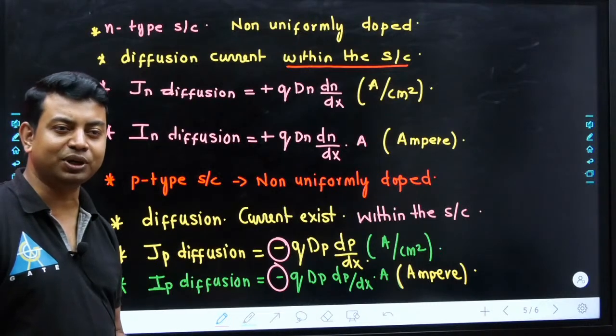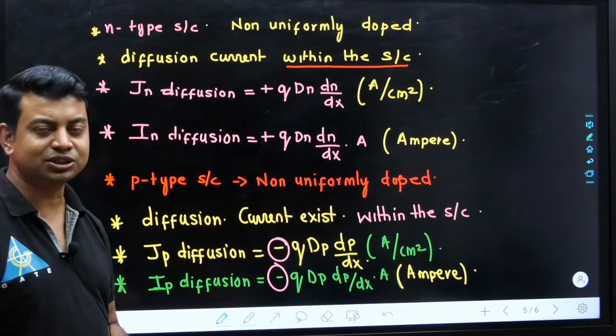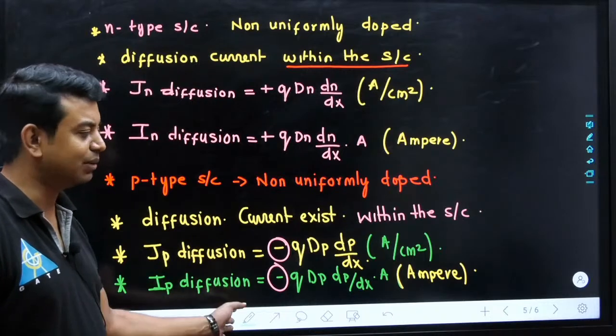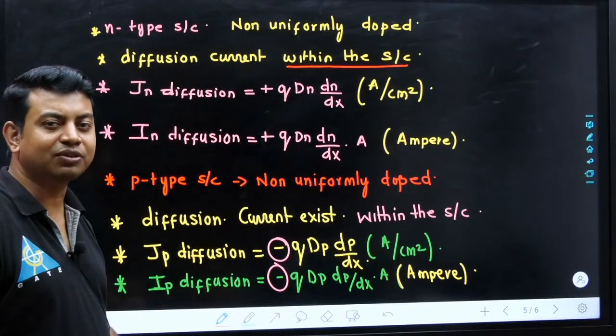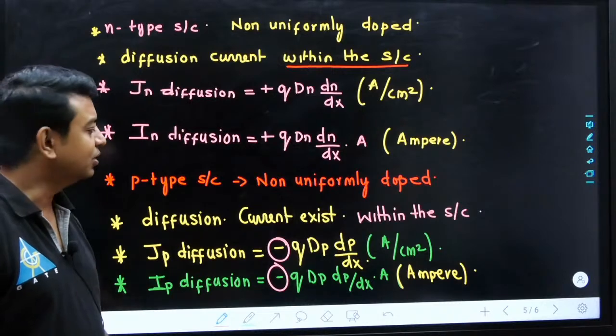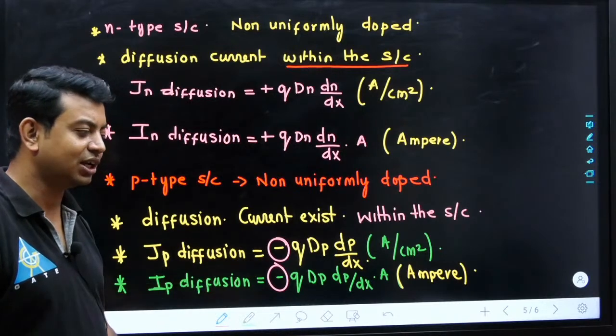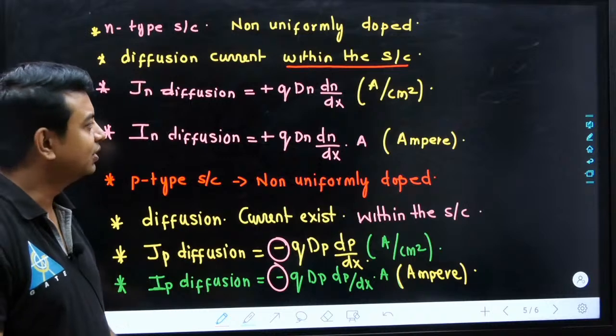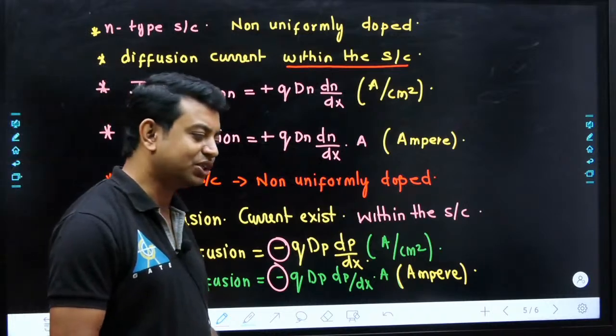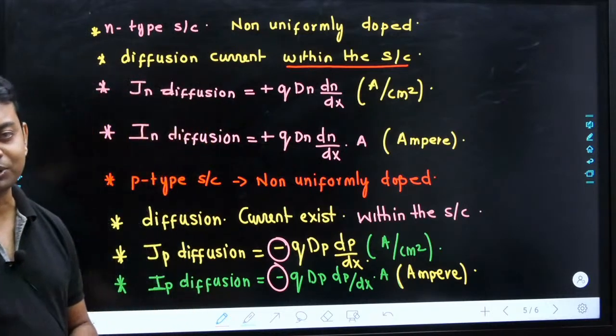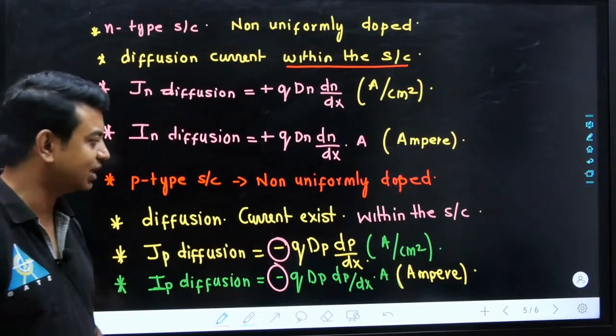Whatever will be the movement of the charge carriers, we just put the formulas. Think about these formulas, and I have given you the reason we have put a negative sign here and a positive sign there. So it represents the direction of current, either a positive x direction or negative x direction.